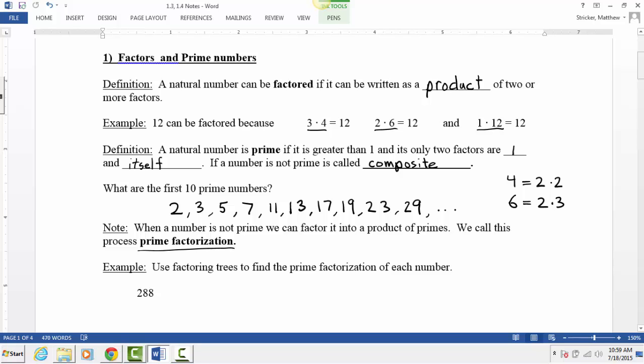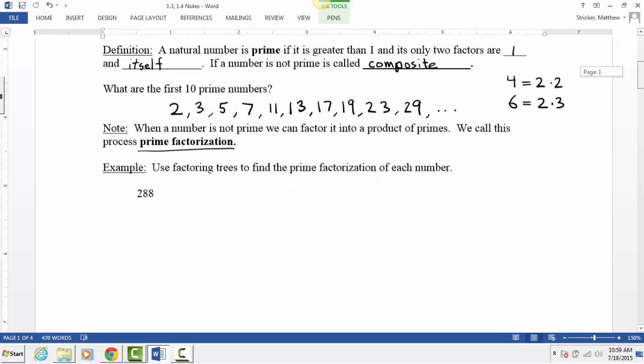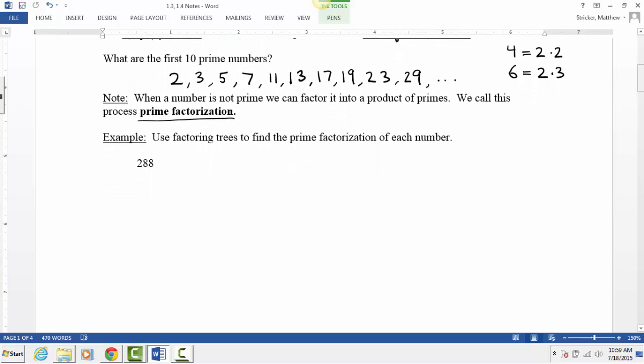And the primary way that we see people write out a prime factorization is by using factoring trees, although there are other ways. So a factoring tree, hopefully you've seen this before, you just basically break a number down into its prime factors. So let's go ahead and do that. Since 288 is an even number, we know it's divisible by 2.